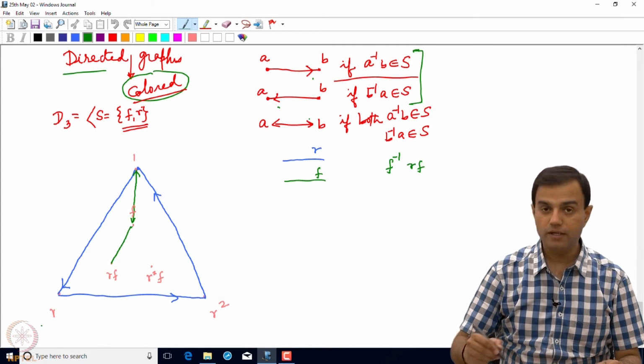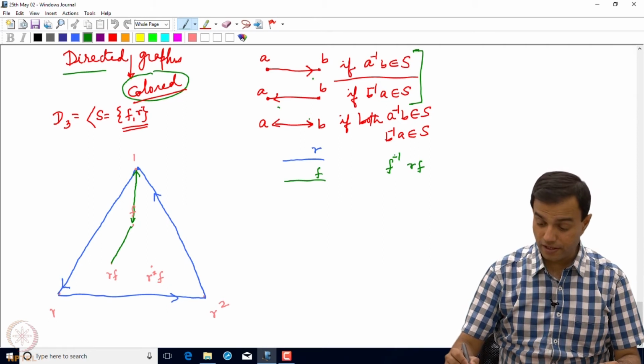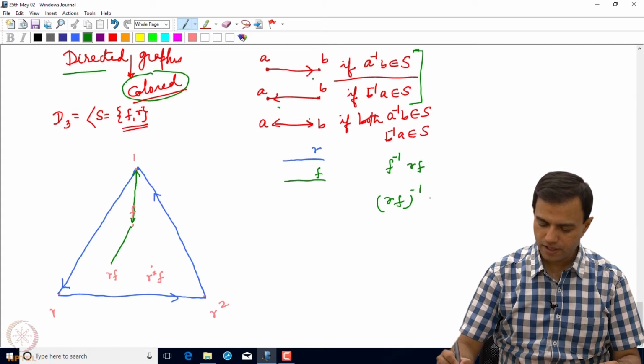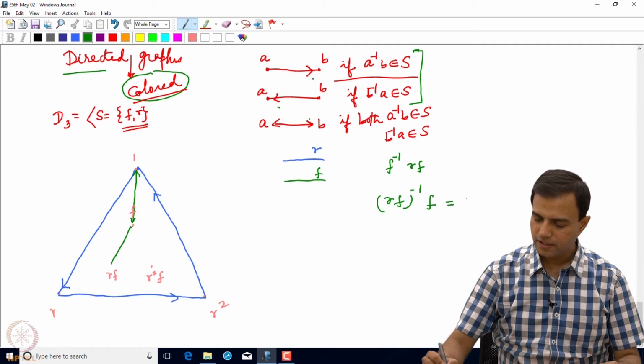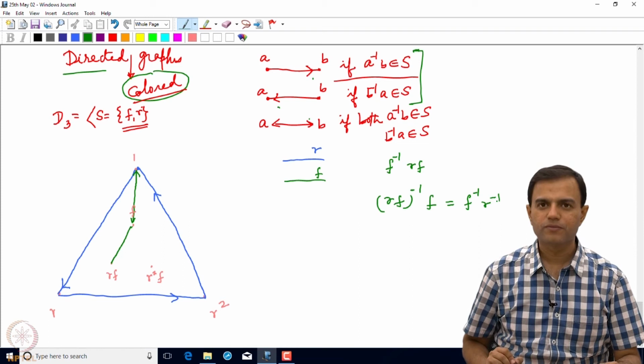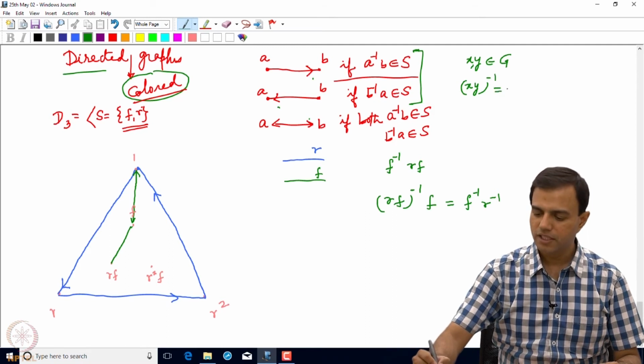In order to realize whether I should join and what should be the direction, I should consider F inverse RF and RF inverse F. So what is RF inverse F? Let's see. So this is F inverse R inverse. That's something interesting. Whenever you have two elements X and Y in a group, if you multiply these two elements and take the inverse, it is actually Y inverse X inverse.